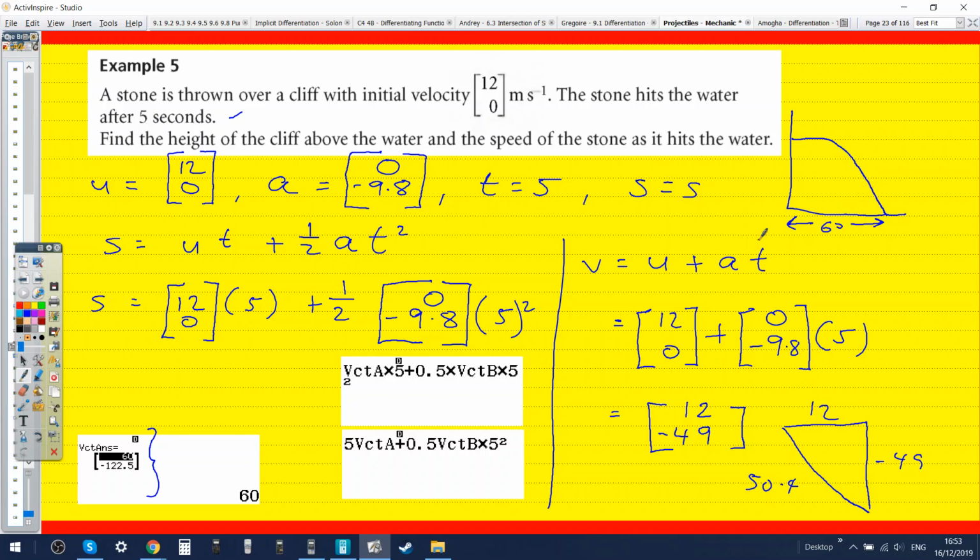Okay. How would you find the direction that it hits the water at? We could use that as a triangle. Yeah. And we could use SOHCAHTOA. Yeah. Which one?